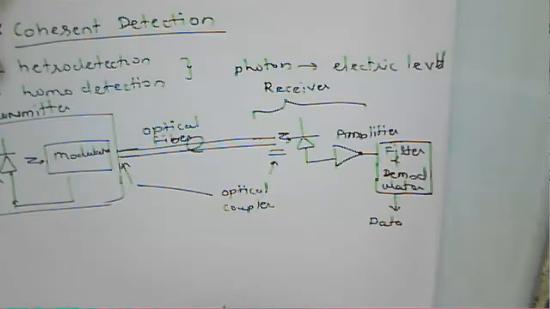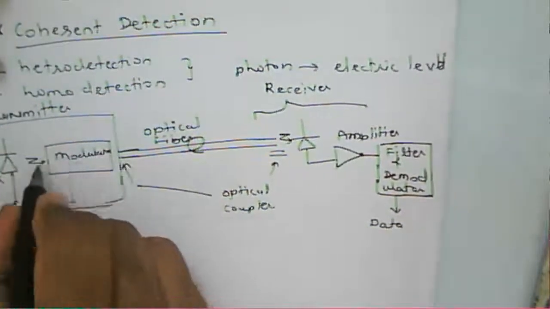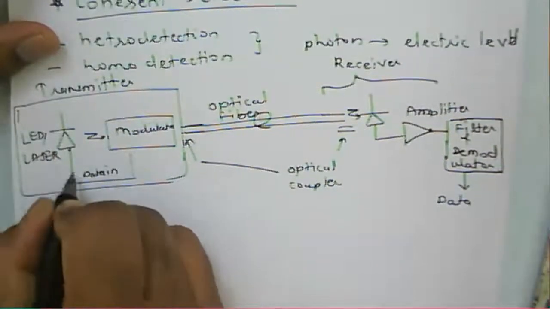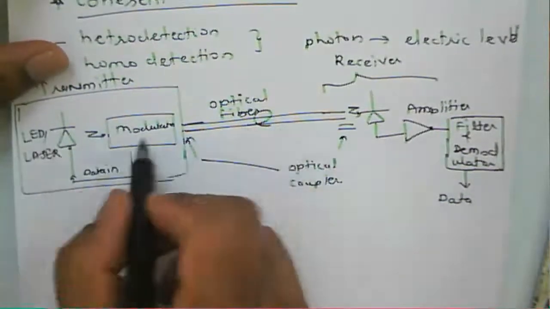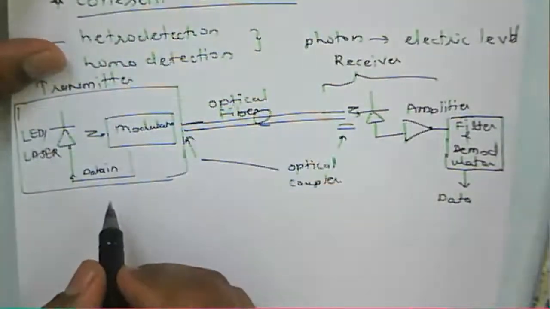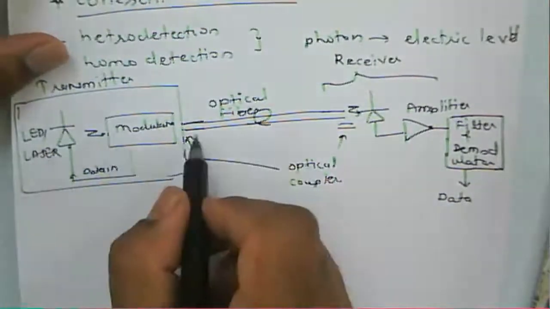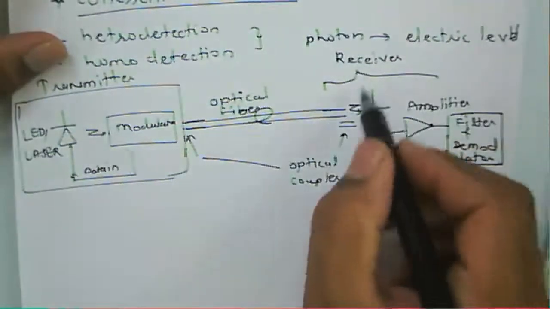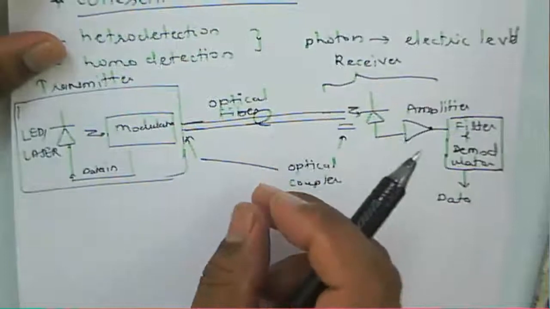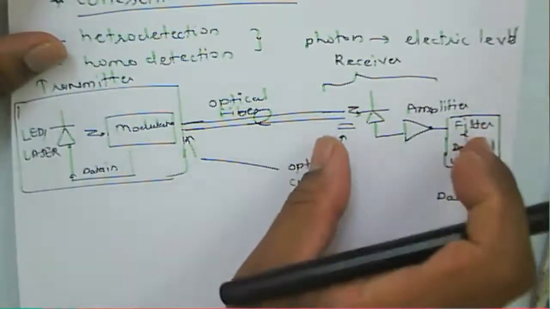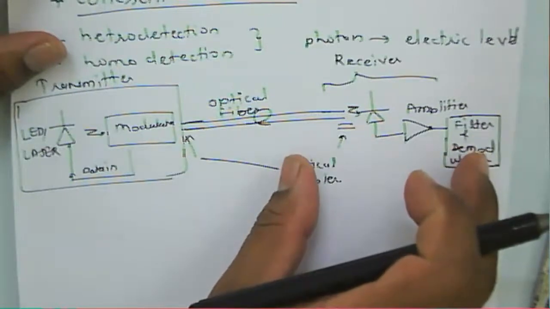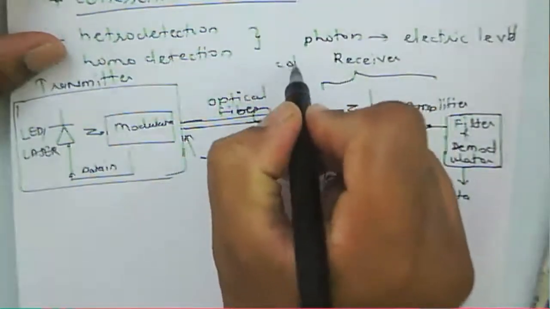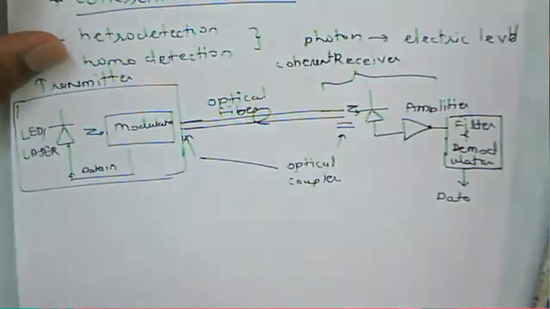Now, whatever data input we have to the source is converted into light, or optical form, and then transmitted through the optical fiber. And then at the end we have the detector component. Now here we need to see how the receiver works. So this receiver is nothing but a coherent receiver here.